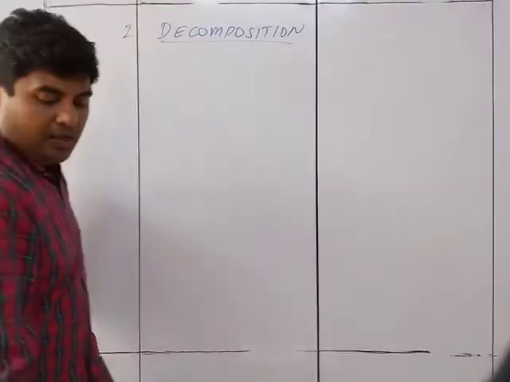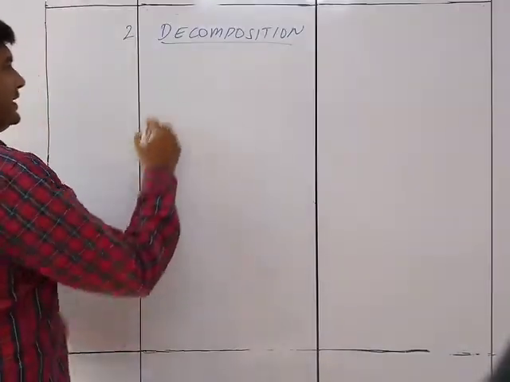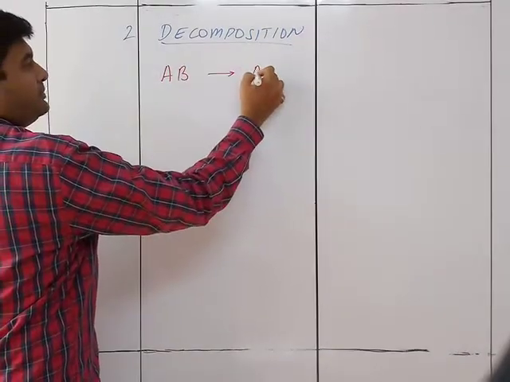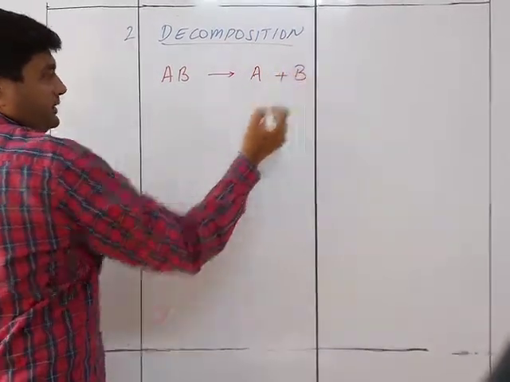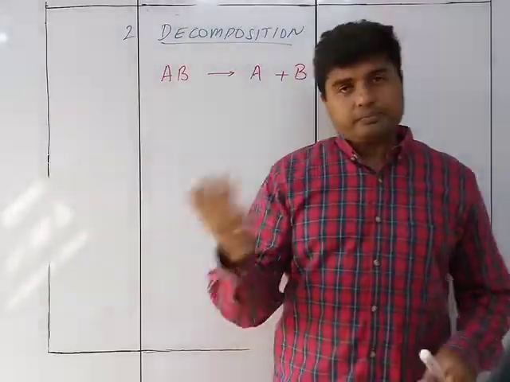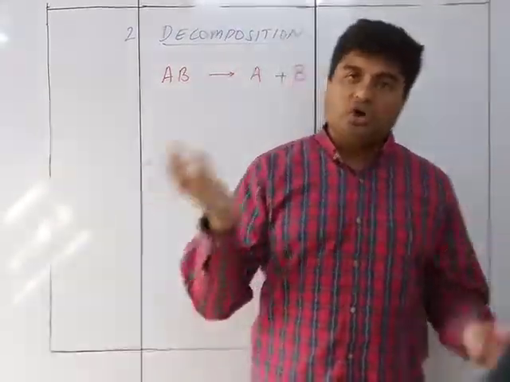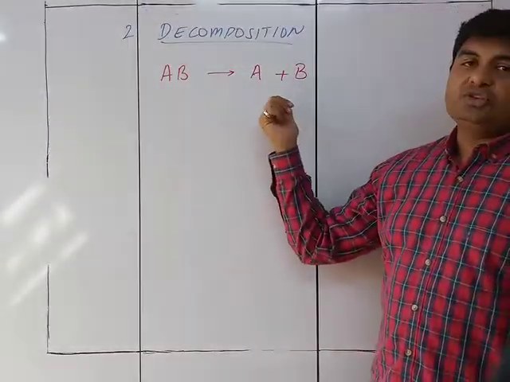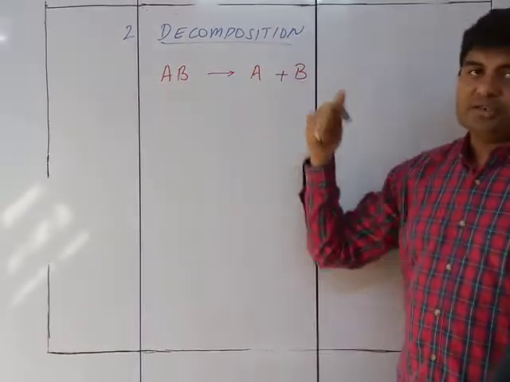So when you have something wherein AB on reaction becomes A plus B, that means it separates into two different elements or compounds, then it is called a decomposition reaction.